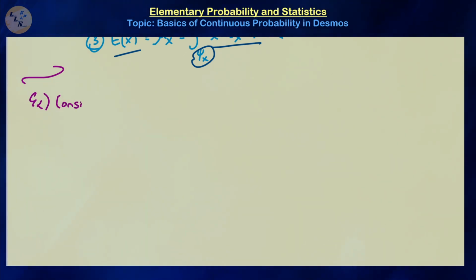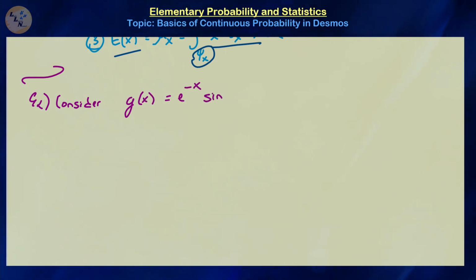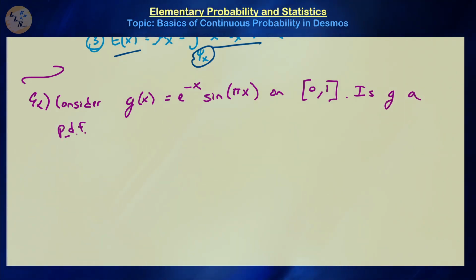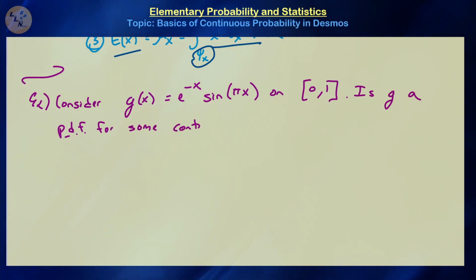So consider the function g of x to be equal to e to the minus x times the sine of pi x on the interval 0 to 1. So I can ask, is g a probability density function for some continuous random variable?